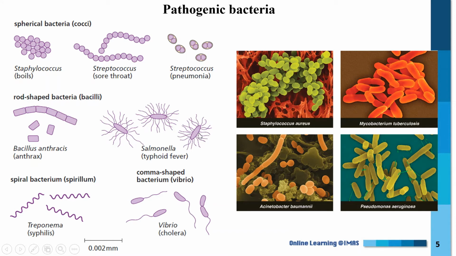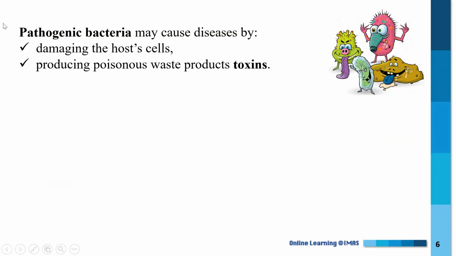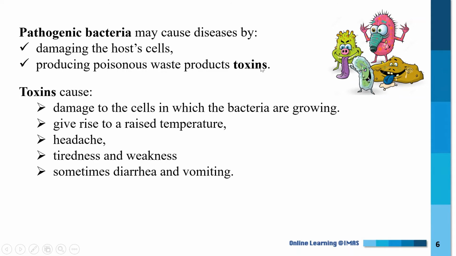agents which cause disease. So pathogenic bacteria may cause disease by damaging the host cell, because bacteria will infect cells and cause damage to those cells. Or sometimes they produce poisonous waste products, toxins. For example, if you do remember the cholera toxin.